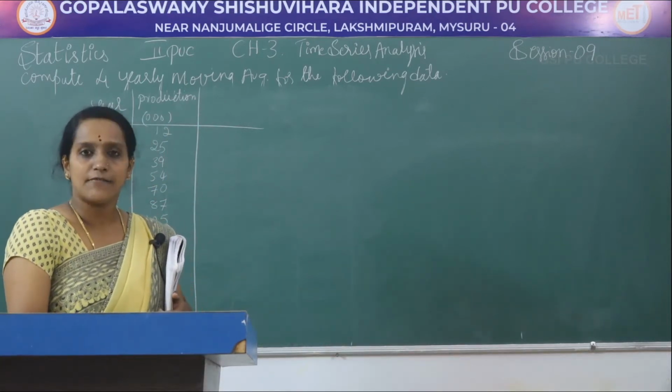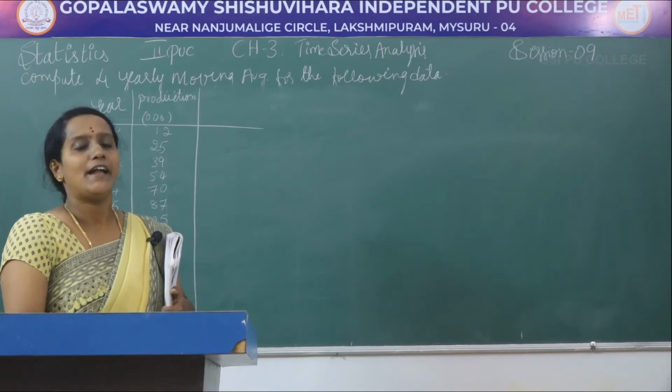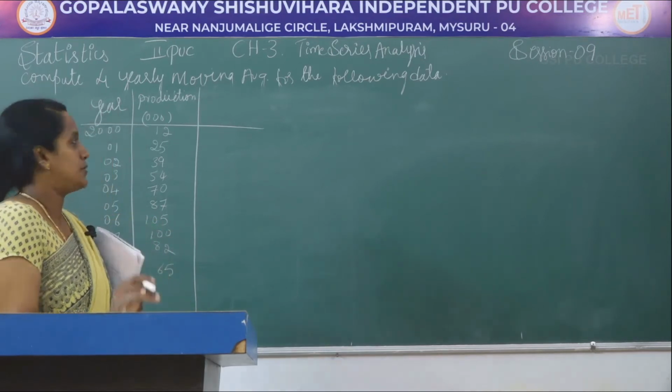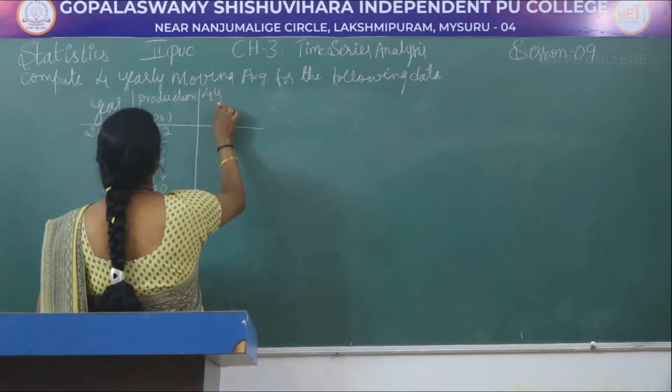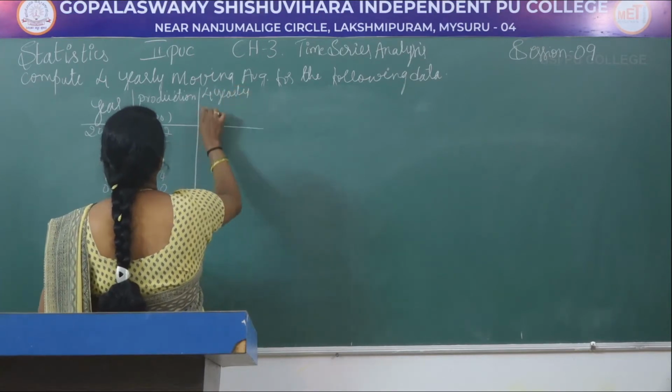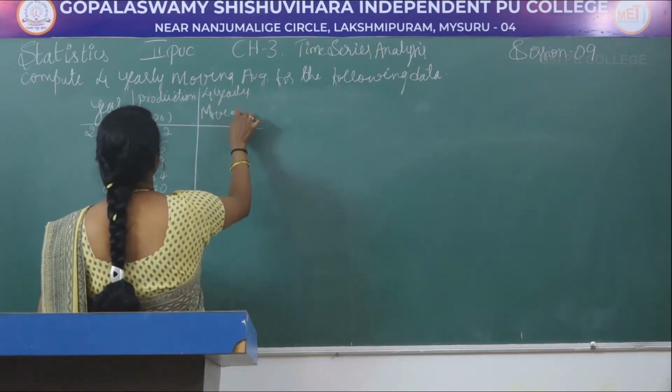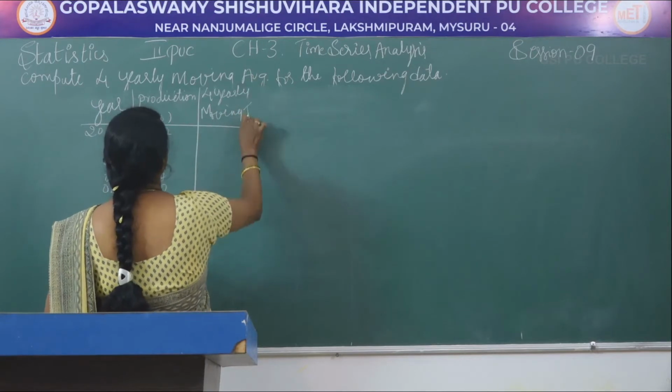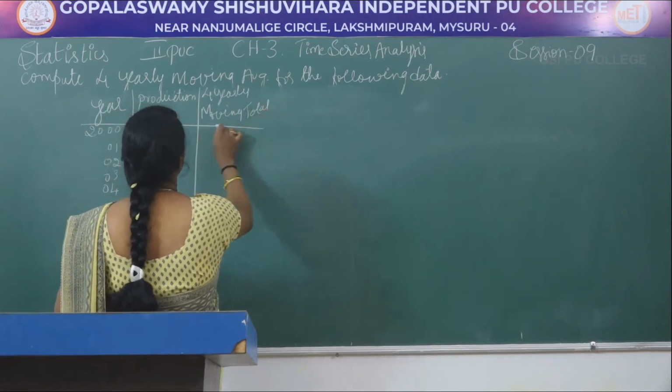First step is we have to add 4 numbers and write that in the correct position. 4 yearly moving total.